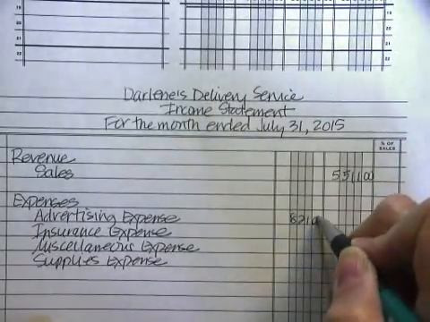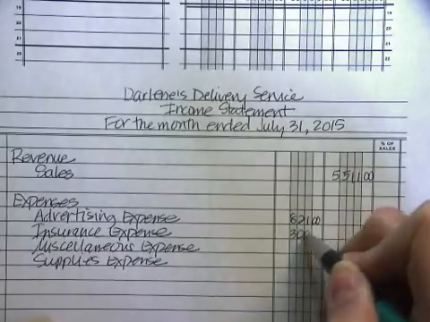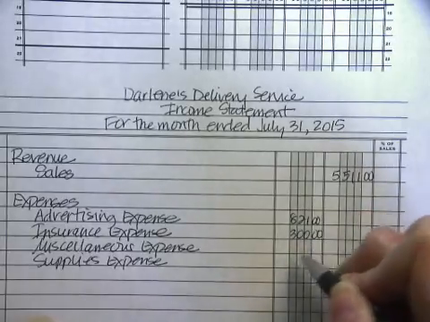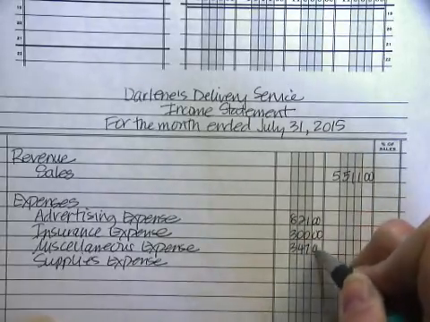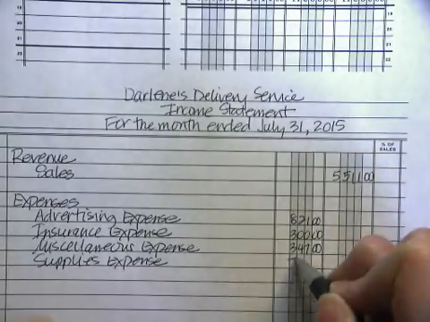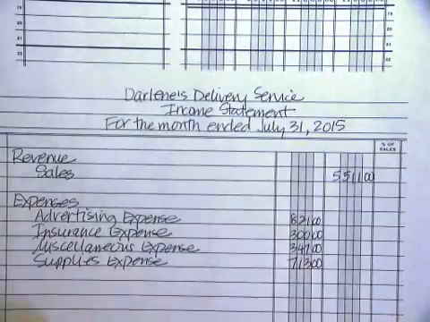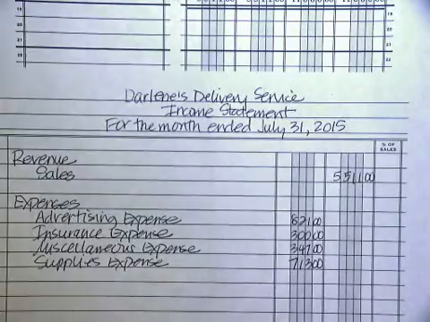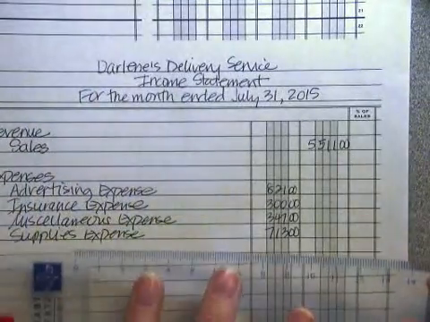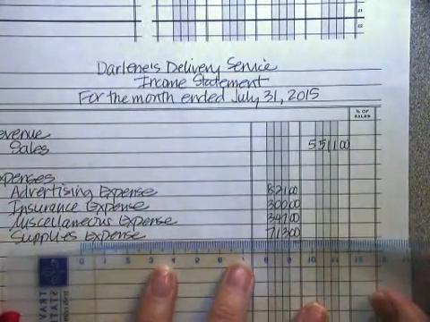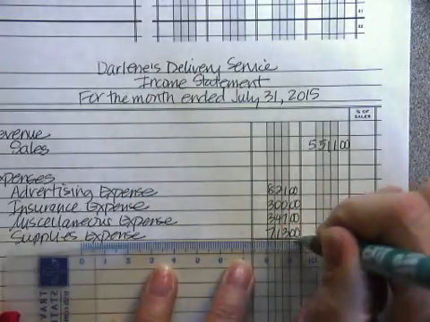Advertising 21, insurance 300, miscellaneous 347, and supplies 713. Okay, now you're going to take your ruler and you're going to single underline this section here.